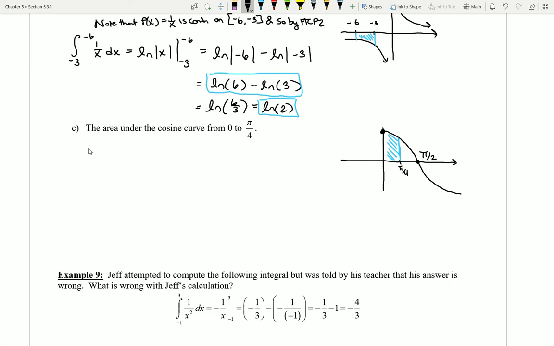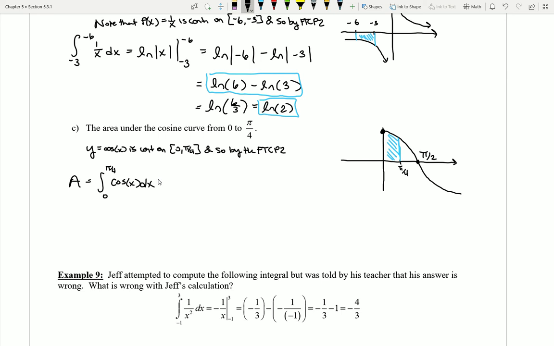So let's see. I first should note that y equals the cosine of x is going to be continuous on the interval from 0 to pi over 4. And so, by the fundamental theorem of calculus part 2, I can easily state that the total area that I'm looking for is represented by the integral from 0 to pi over 4 of my cosine function.